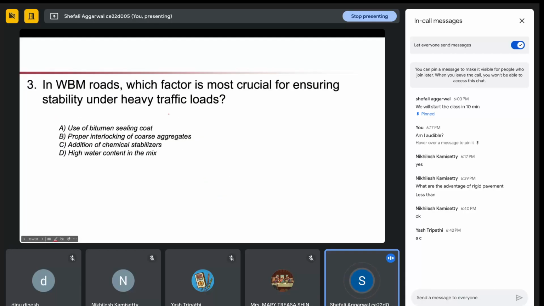Okay, so next question is, in WBM roads, which factor is the most crucial for ensuring stability under heavy traffic loading? Using of bituminous sealing coat, proper interlocking of coarse aggregate, addition of chemical stabilizer, high water content in mix.